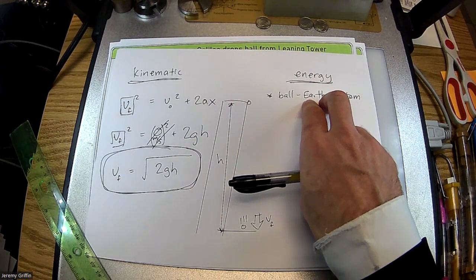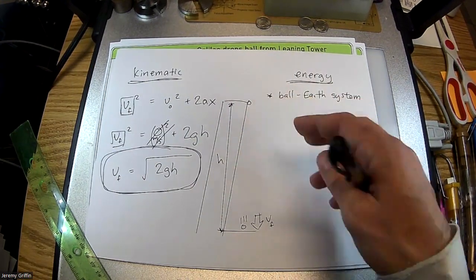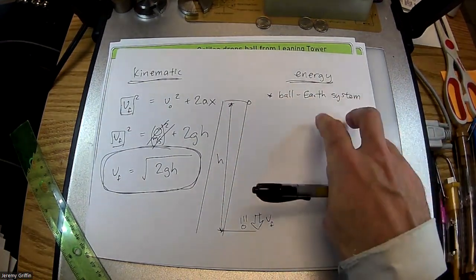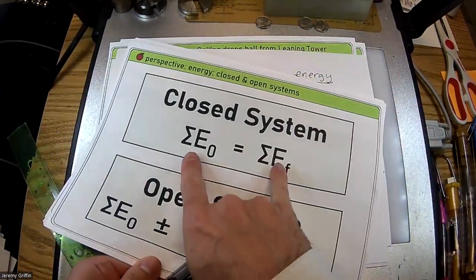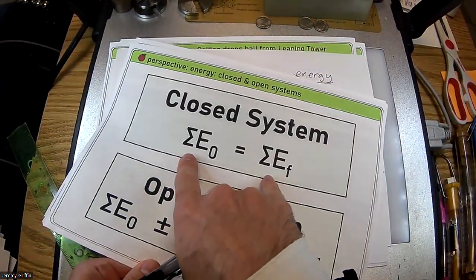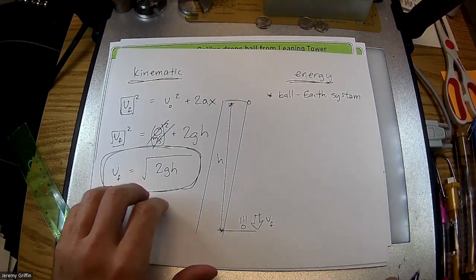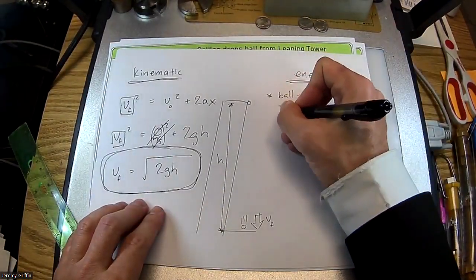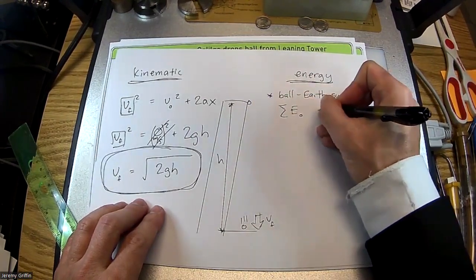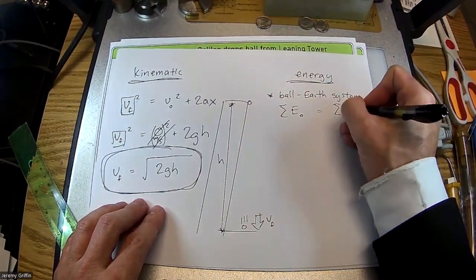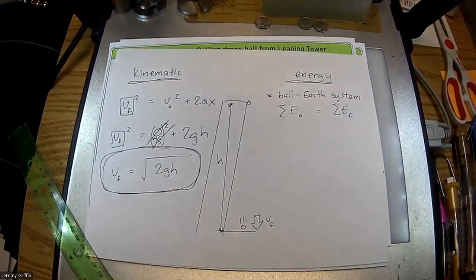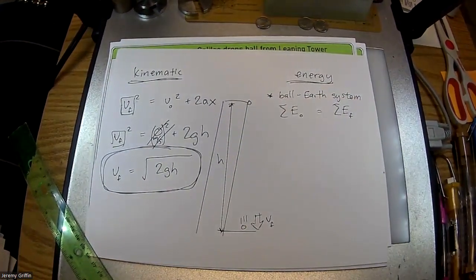So I'm going to bring in also the Earth. The ball and the Earth are pulling on each other. Here's the framework, the first domino that's going to knock over this whole process: the sum of energy at the top of the tower equals the sum of energy at the bottom of the tower. Of course, we're going to ignore air drag like we normally do in this class.